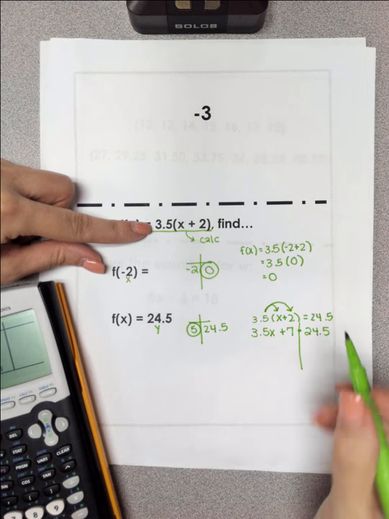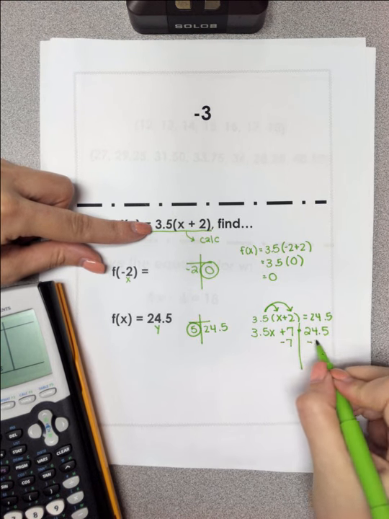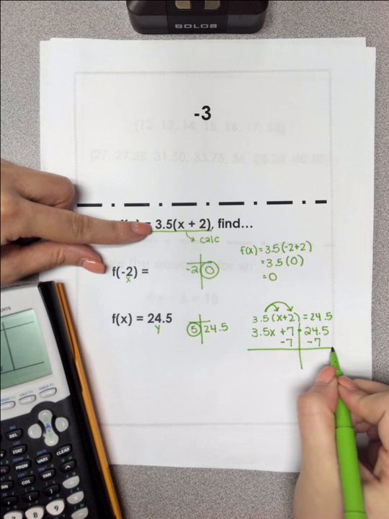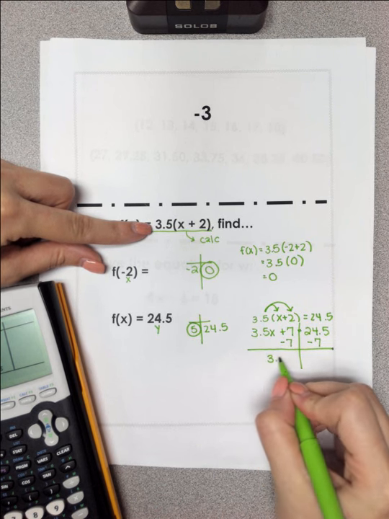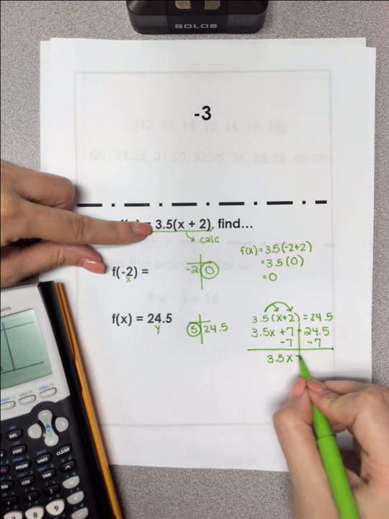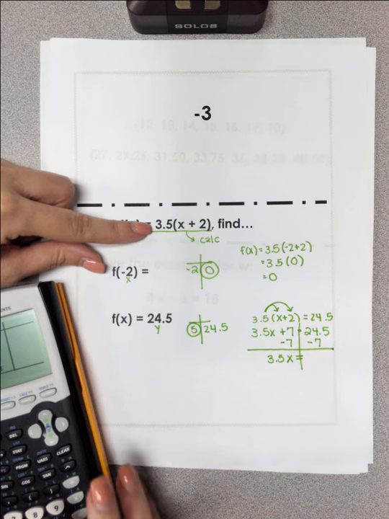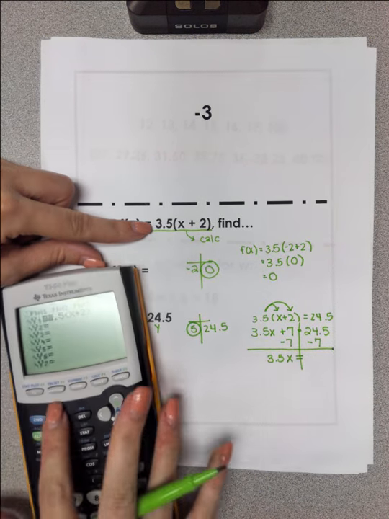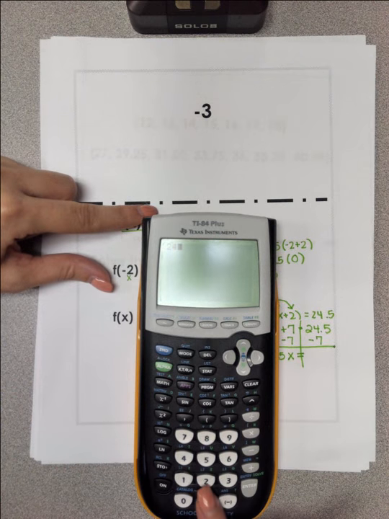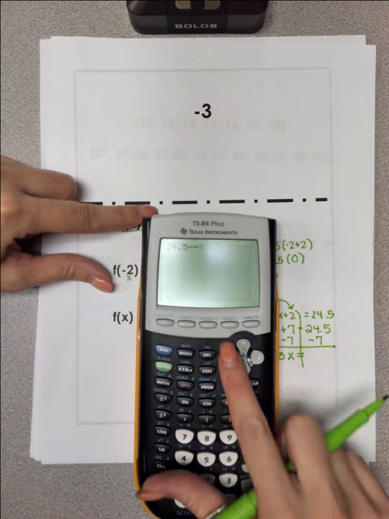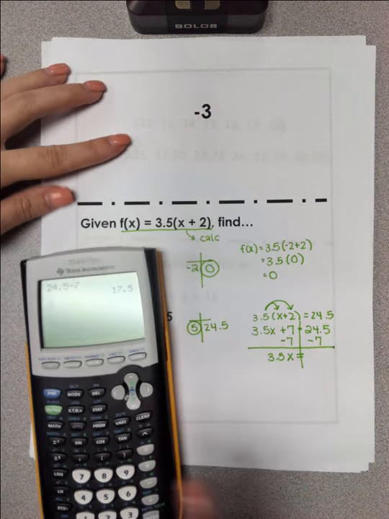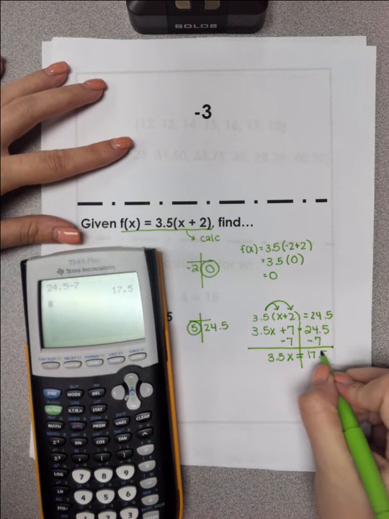Get rid of the 7 by subtracting 7. So 3.5x, the 7's are gone, equals, and you can take 24.5 minus 7, which is 17.5.